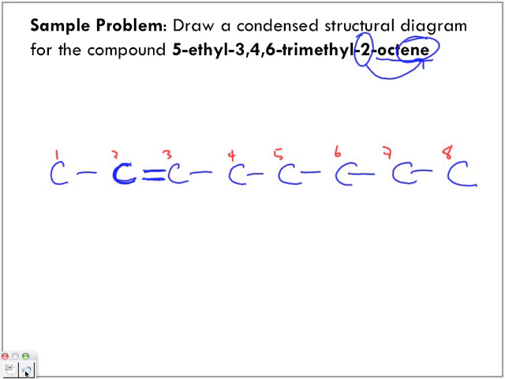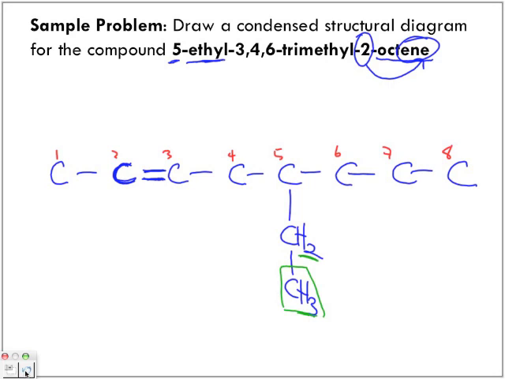Now, we've got a 5-ethyl group. So a 2-carbon branch on the 5th carbon. So I'm going to draw it underneath. So here's 1 carbon, here's another carbon. Remember, as we said, carbons at the ends, if they're single bonds, are bonded to 3 hydrogens. If they're in the middle with a single bond on either end of the carbon, there is only 2 hydrogens.